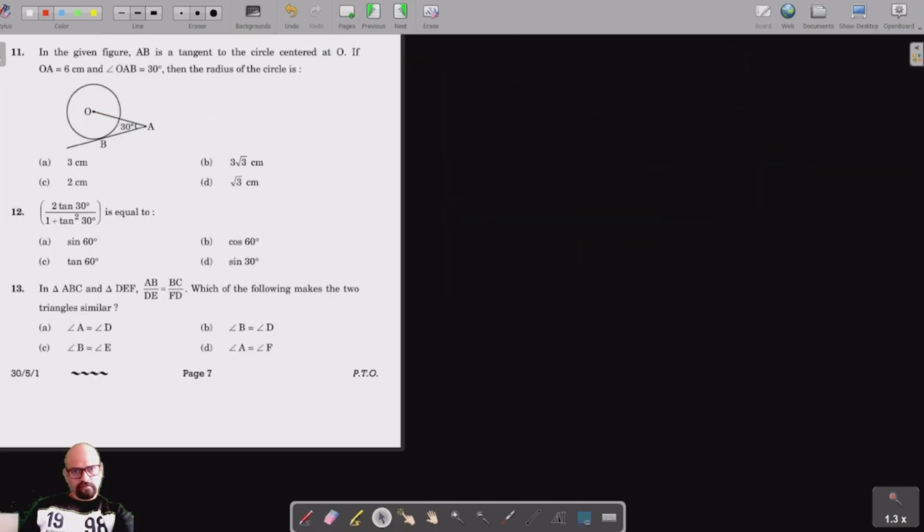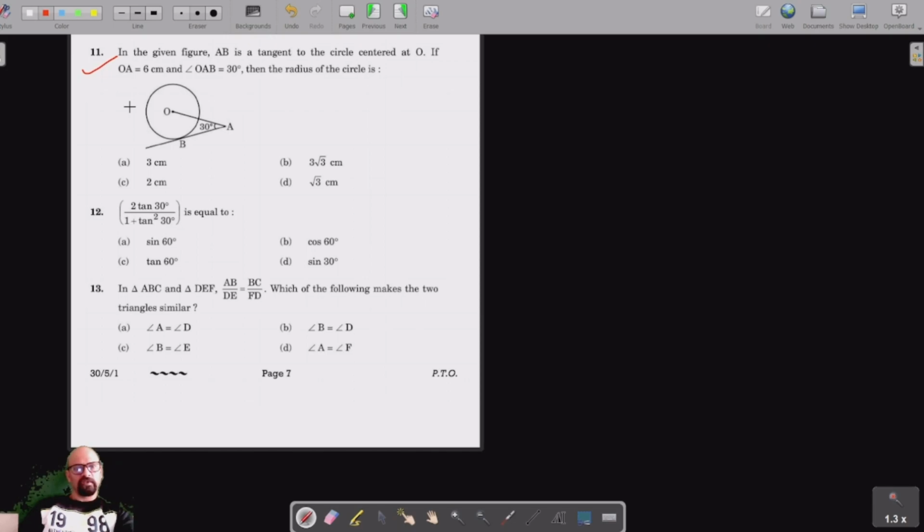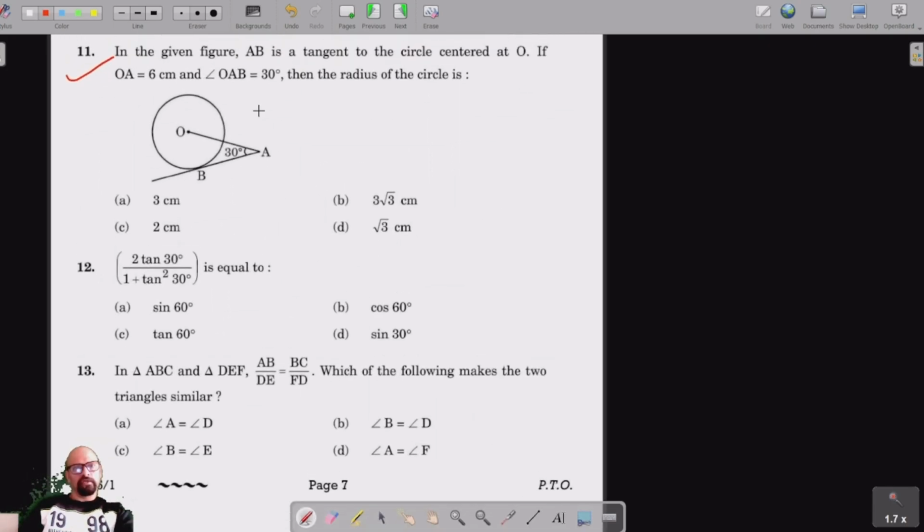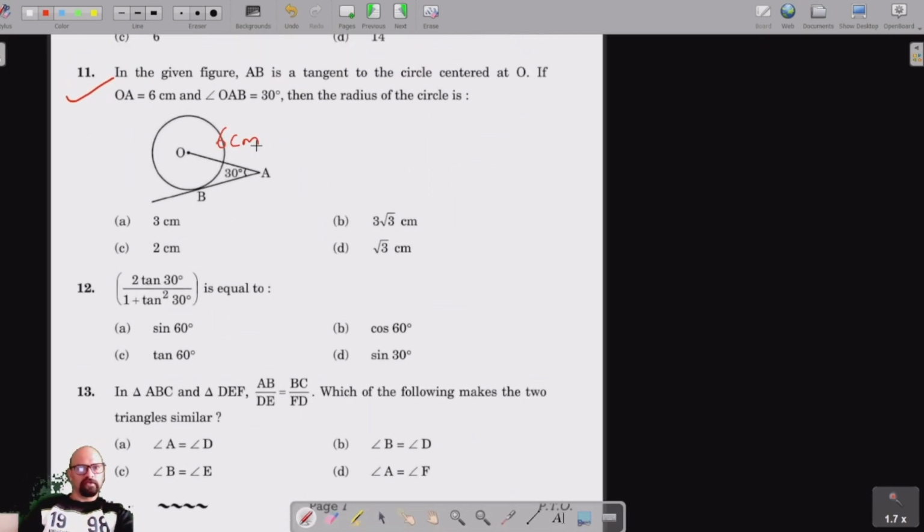And for question number 11, it's given that in the figure AB is a tangent to the circle centered at O. We are given OA is equal to 6 centimeter and angle OAB is 30 degrees. We have to find the radius of the circle. So let's connect the radius to the point of contact.